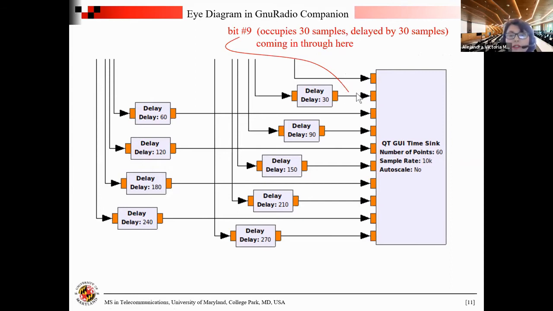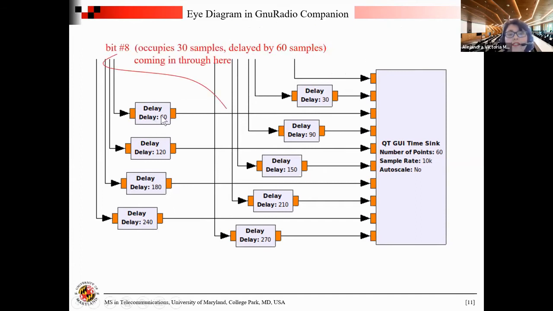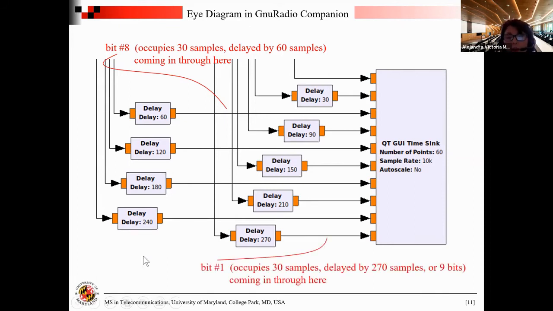The next one has 60 samples delay, so it's 30 of bit number 10 and 30 of bit number 9. So this is bit number 8. It also occupies 30 samples and it's delayed by 60 samples. And you can go one by one through all of these inputs until you get to the last input that is delayed by 270 samples, or 9 bits, coming in through here. All right.